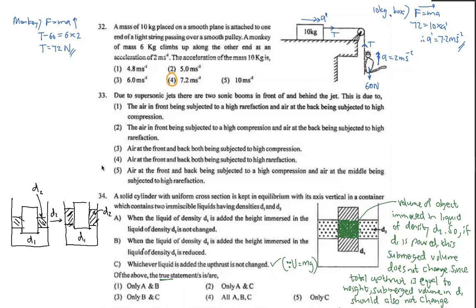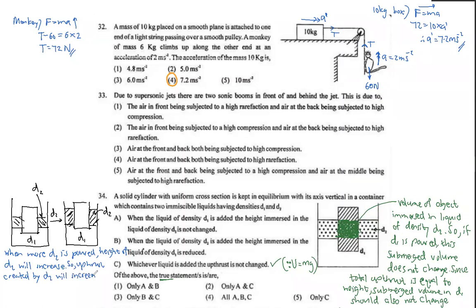So the explanation is this, people. When more D2 is poured, the height of D2 will increase. So upthrust created by D2 will increase.